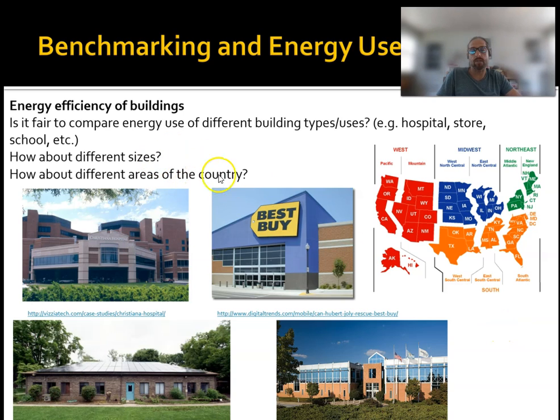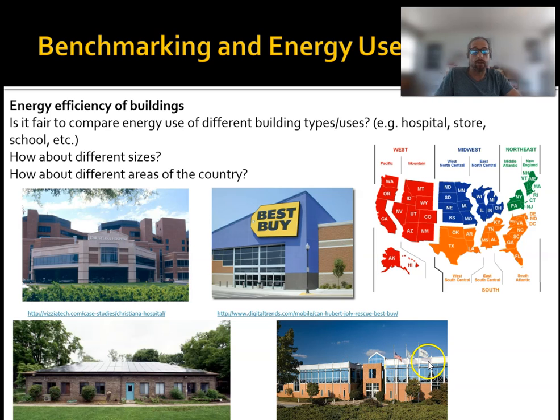And then with the different sizes, that's why we divide by square feet. Right? So we take the total energy use, take the total energy cost, and divide it by square foot. If you think about that mathematically, let's say we're analyzing a college campus, and we have one that's 200,000 square feet and one that's 100,000 square feet.